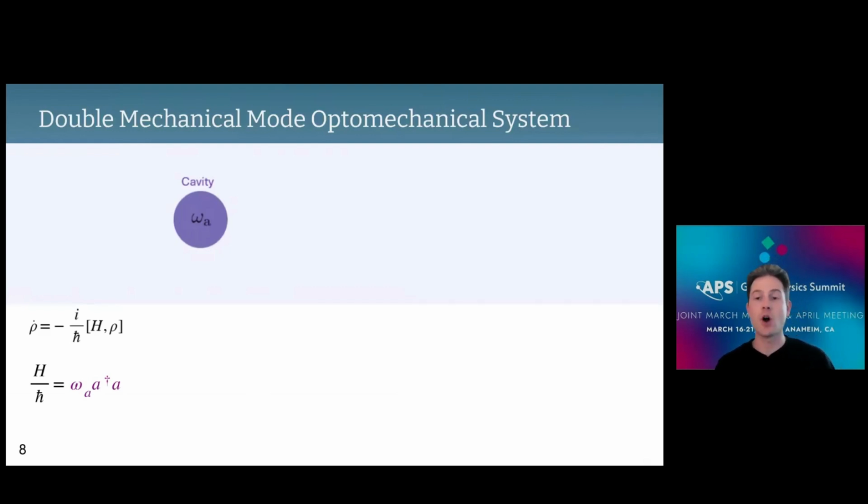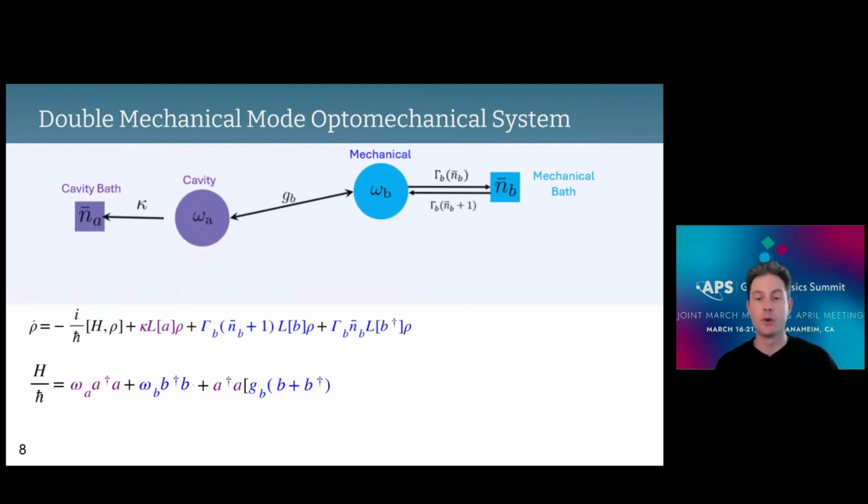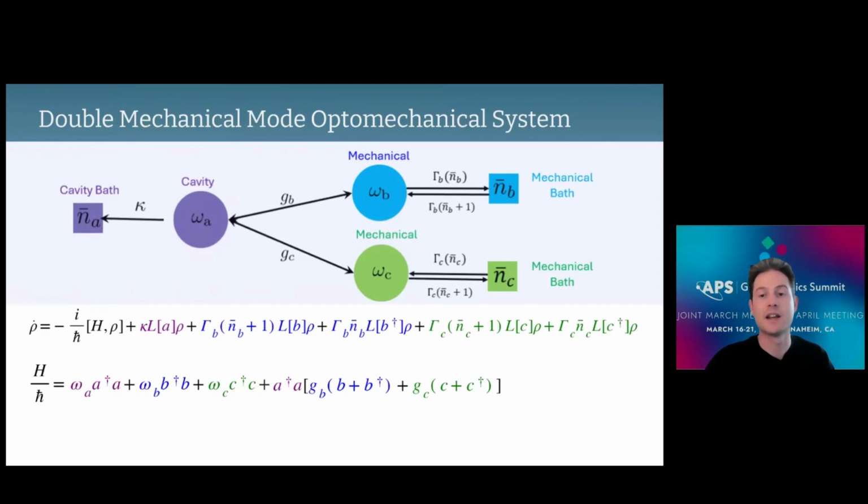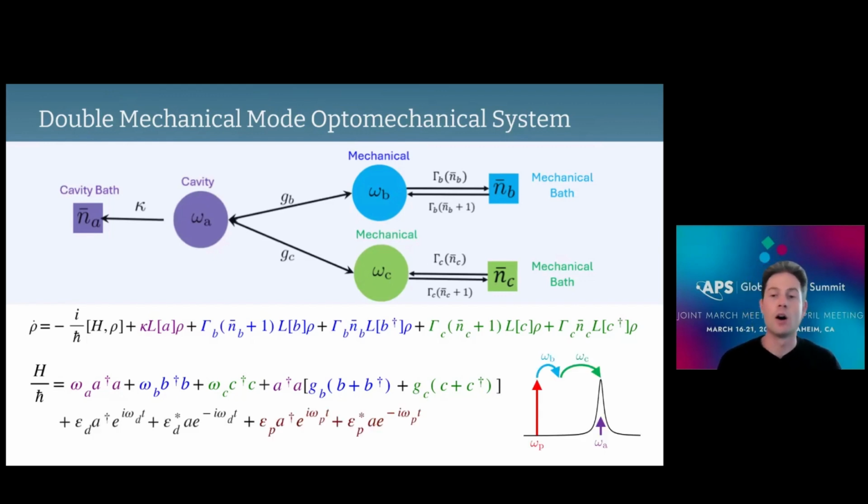So how do we do this optomechanically? Well, let's build up our single mechanical mode. And now because we have two separate modes, we're going to take a second mechanical mode along with its coupling rate and its rate of loss and gain to its mechanical bath. And then because we have the cavity, we're going to want to include the pumping and driving terms in our Hamiltonian.